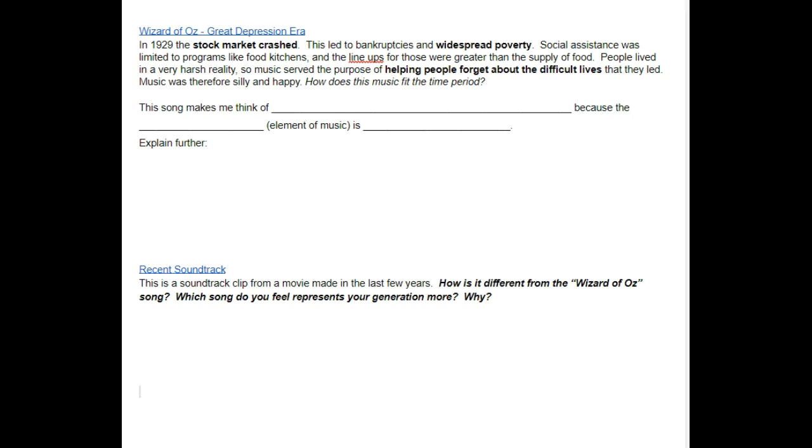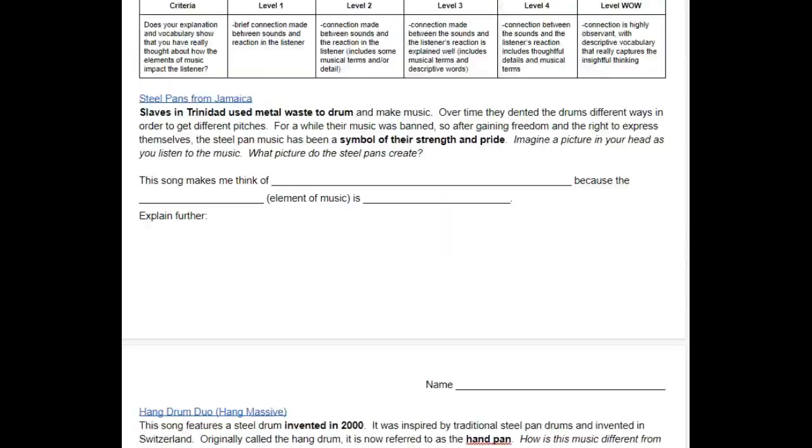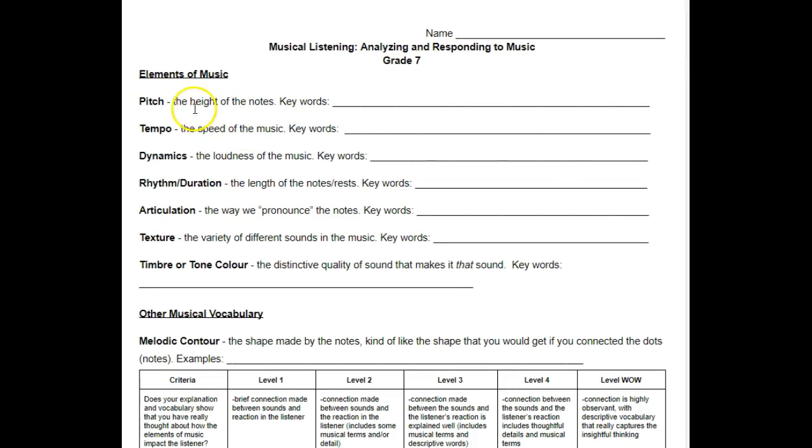So the acting that's actually going on in this scene is very clown-like. You can hear the sudden ups, the sudden sounds, the light, skippy articulation. Let's connect all these sounds to our elements of music. You've got some very high pitch. You've got texture that's got more variety because you've got an orchestra, which is part of that time period. The articulation is skippy and bouncy at times.